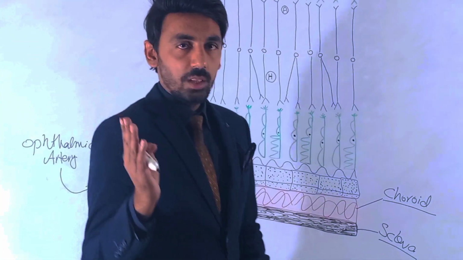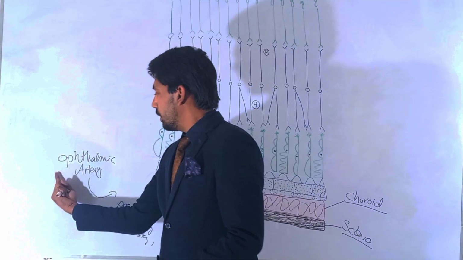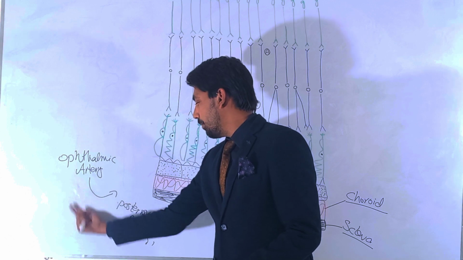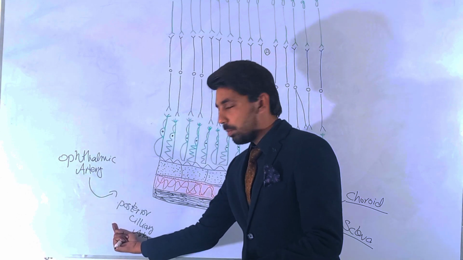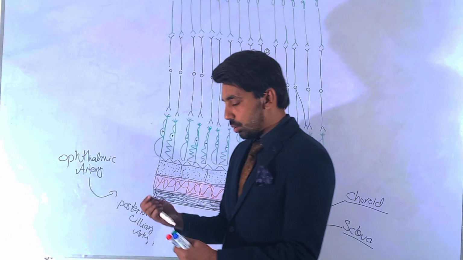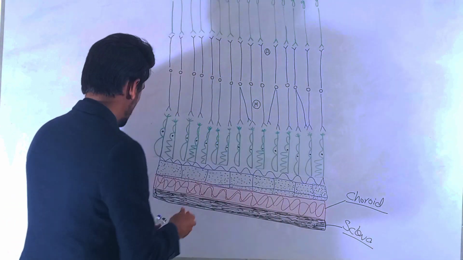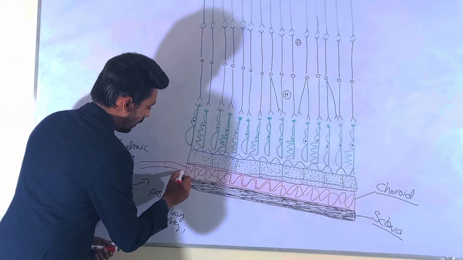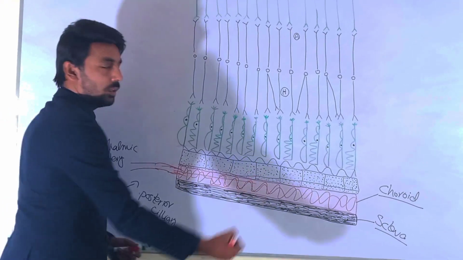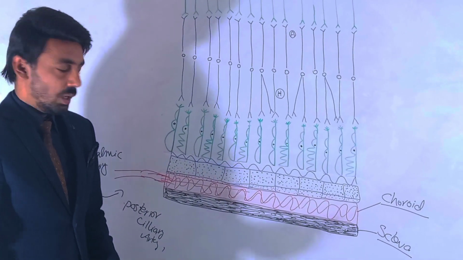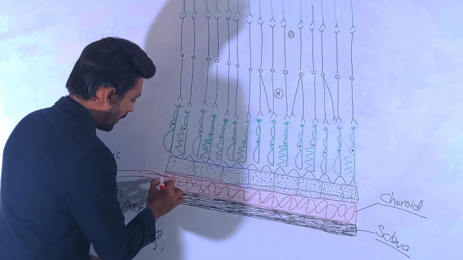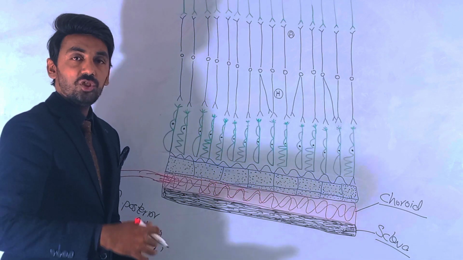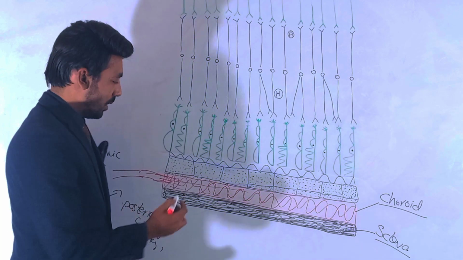So the internal carotid artery will give the circulation, the blood supply to the ophthalmic artery, and the ophthalmic artery will give the circulation, the blood supply to the posterior ciliary artery. So the posterior ciliary artery will give its circulation to the choroid. But when the posterior ciliary artery reaches the choroid, it will change its characteristics.